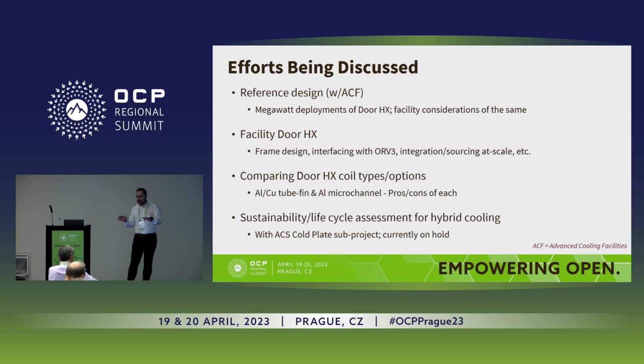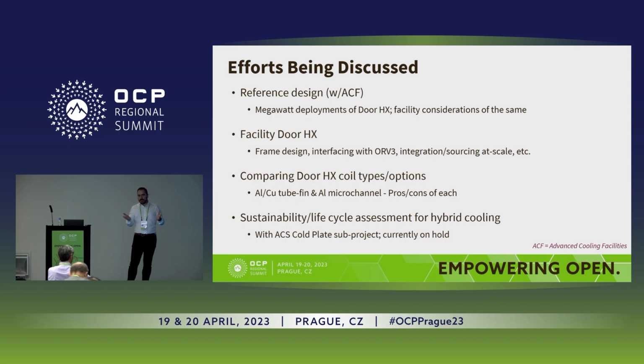Under which circumstances, which are the boundary conditions, can we use this aluminum in the secondary loop with cold plates and so on, with water with glycol? And these are some questions we want to work on.